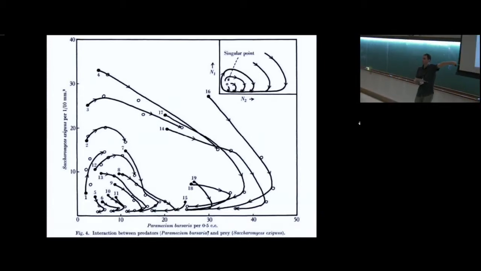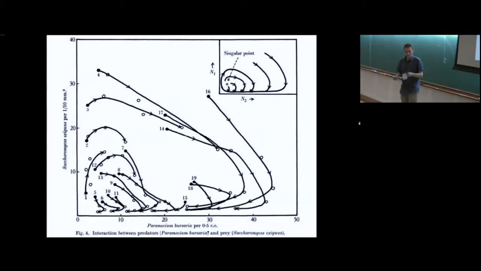This effectively gives them a phase portrait of the two-dimensional dynamics. And this is all just experimental data.